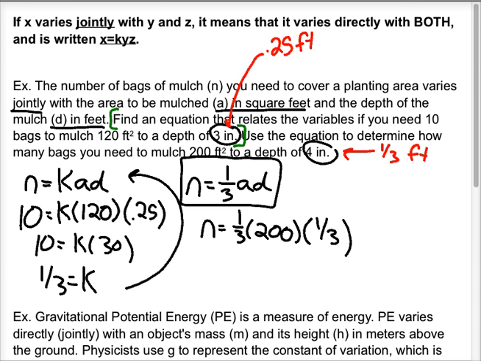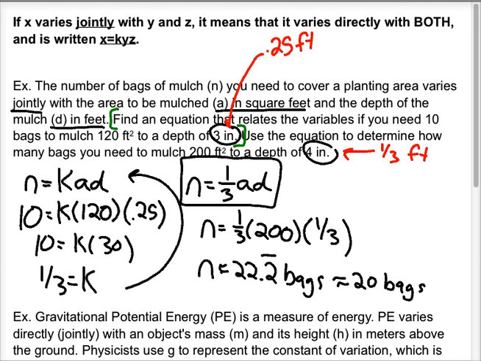So 1/3 times 200 times 1/3. That's going to be about 22.2 bags. Well, 22.2 repeating bags to be precise. But again, we're probably going to want an exact number of bags. So really, that would be about 20 bags to do that job.